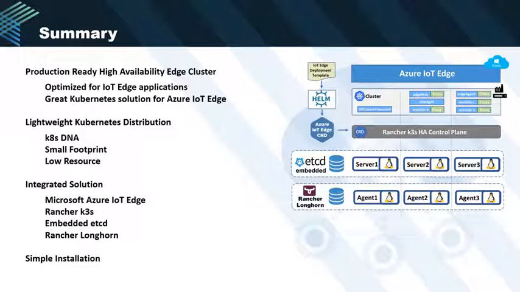Whenever you see an architecture that has good data flow, that's a good architecture. We're using Rancher's lightweight K3s distribution. Okay, small footprint, little resource utilization for the platform, which is important because you're always resource limited when you're out on the edge. And it's an integrated solution, all production-ready stuff.